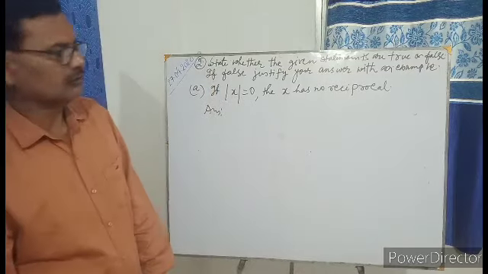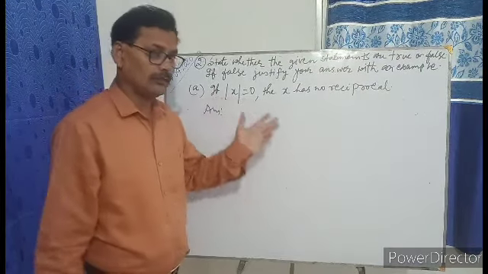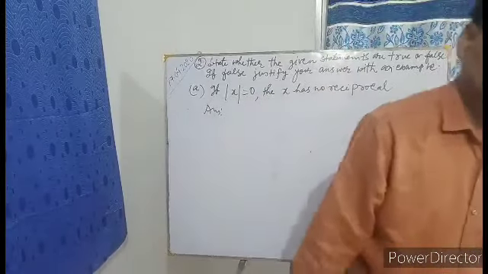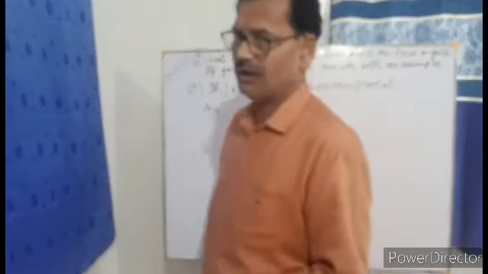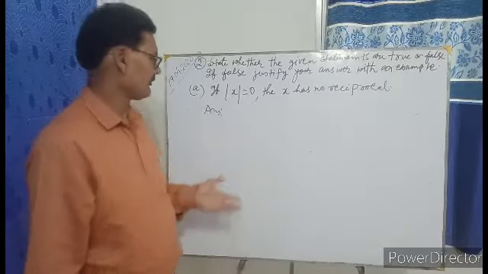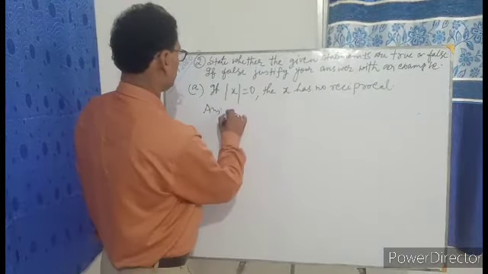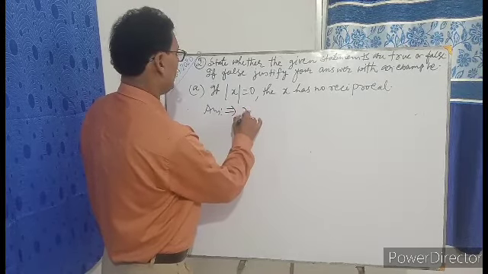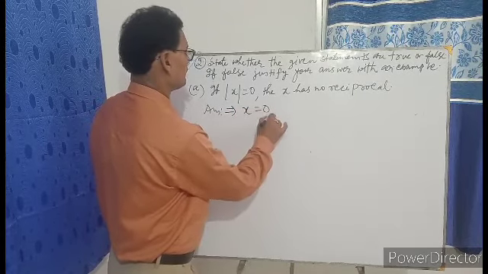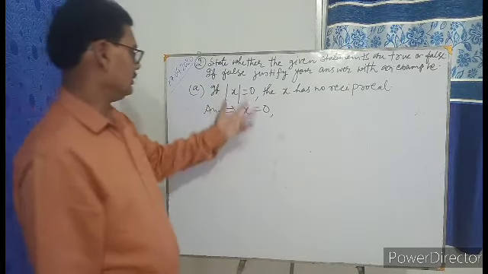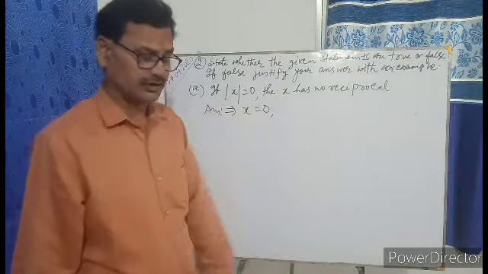Mod x is equal to 0, the absolute value of x is equal to 0. We know there is only one number whose absolute value is 0, and that is 0. So mod x equal to 0 implies that x is equal to 0.